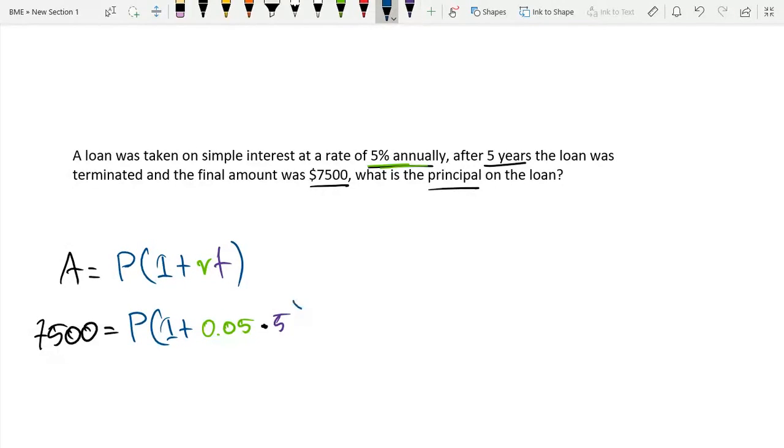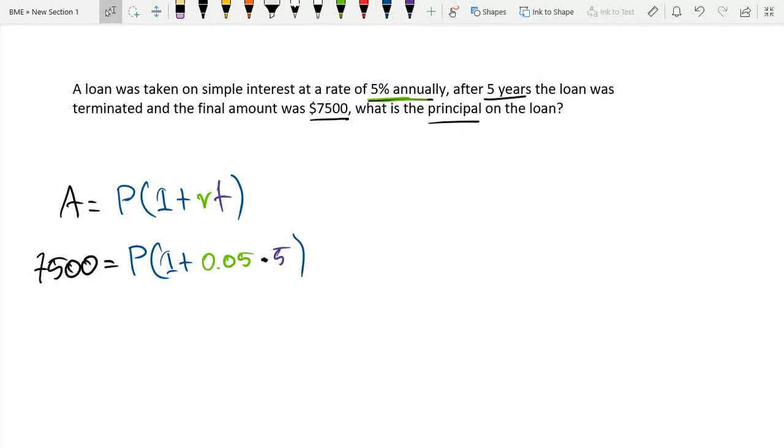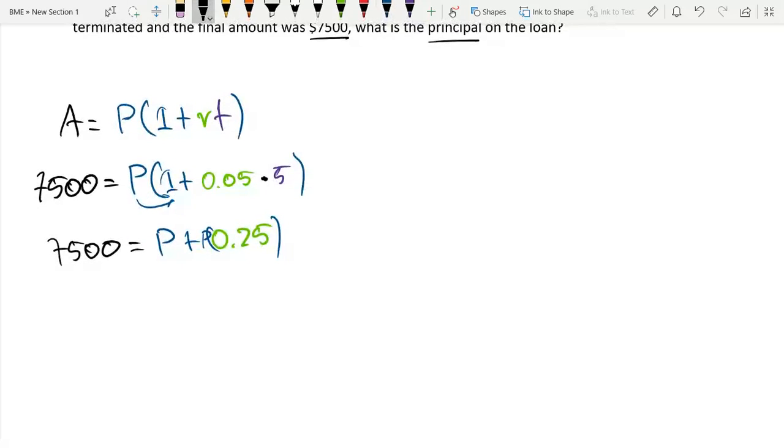Now from here this is a very simple one variable equation: 7,500 equals P, meaning our principal. P times 1 is where the P comes from, plus P times 0.25.